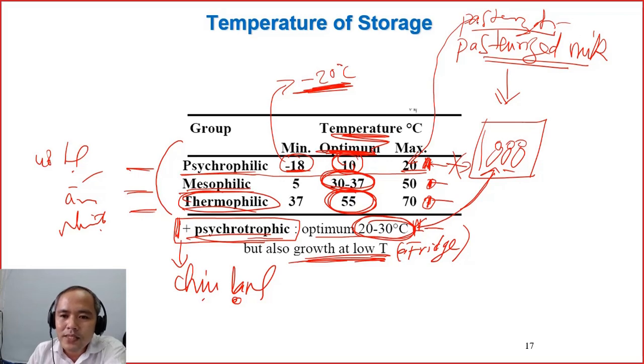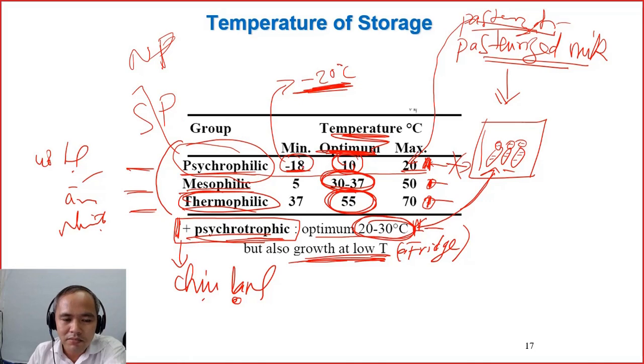But when we do pasteurization, part of the psychrotrophic still survive. And then they can still grow in the fridge and cause spoilage. And also in reality, there will be fewer psychrophilic bacteria.